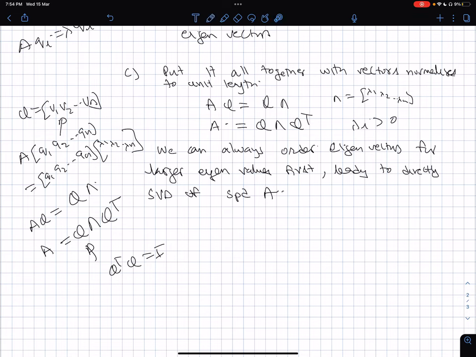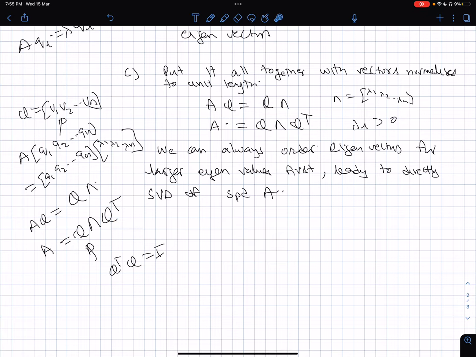So if you look at it now with this ordering, I have directly arrived at the singular value decomposition, through proper arrangement of the eigenvectors. I have directly arrived at the singular value decomposition of the SPD matrix A, in which both the U and the V matrix are Q itself.